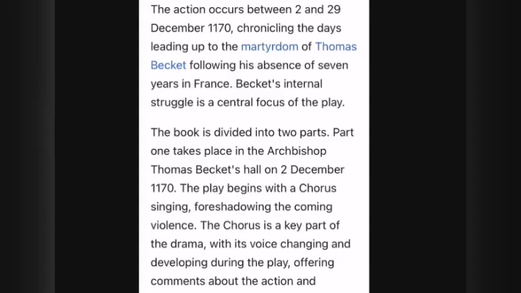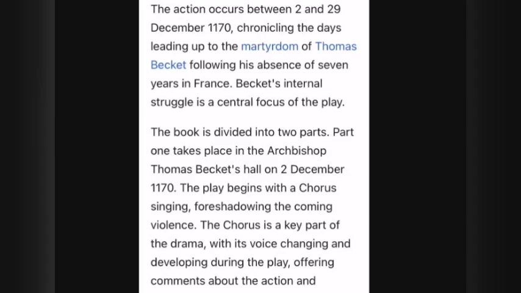So the action occurs between the 2nd and 29th of December in 1170, chronicling the days leading up to the martyrdom of Thomas Becket, following his absence of 7 years in France. Becket's internal struggle is a central focus of the play.